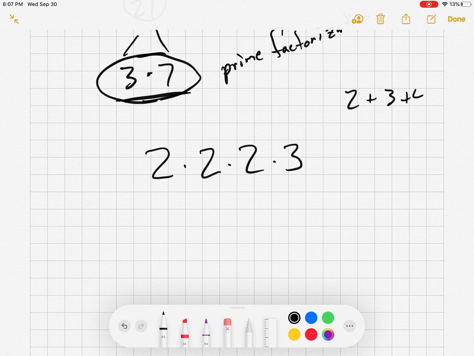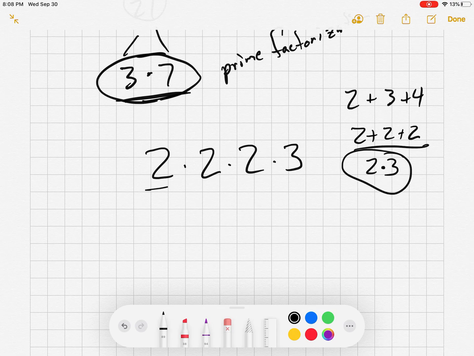They do 2 plus 3 plus 4 or whatever, right? Well, then eventually they started doing 2 plus 2 plus 2, and they said, hey, we've got to find a quicker way of putting this together. So they came up with multiplication. Instead of 2 plus 2 plus 2, they would write 2 times 3. So that was so much easier for them than writing a bunch of repeated additions.